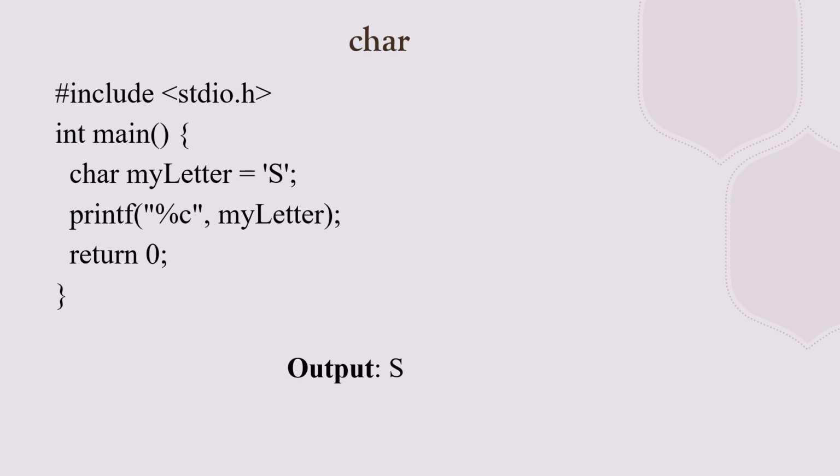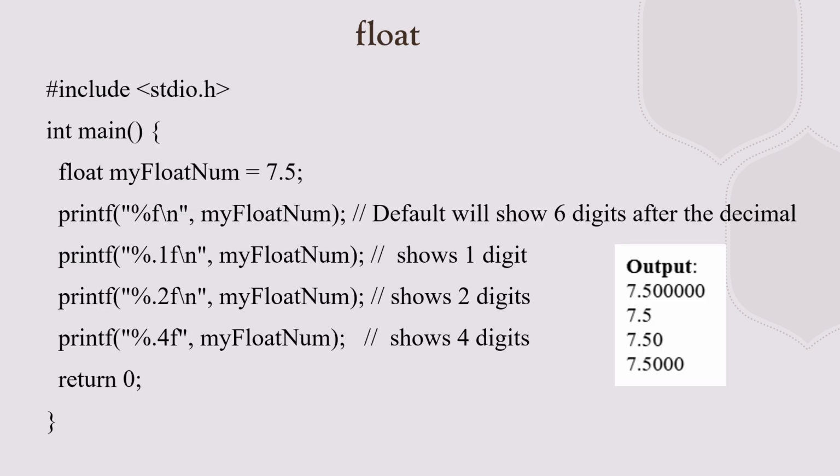And here you can see the output as a character. So the declaration is made as char. The variable name is myLetter, and within single quotes, you have to use this character. Rest of the lines are default lines from the preprocessor directive to the main and the return with the open and close braces.